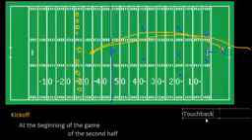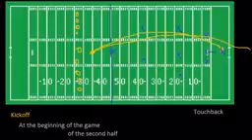And so a touchback means that there is no kickoff return, and that the ball is simply placed at the 20-yard line, and so the 20-yard line would then be the first line of scrimmage for the blue team heading down the field.